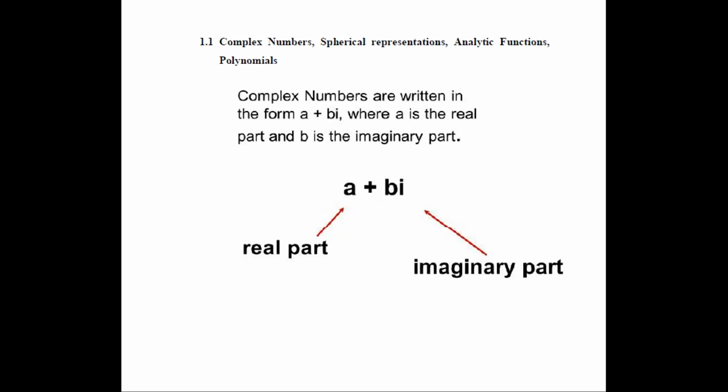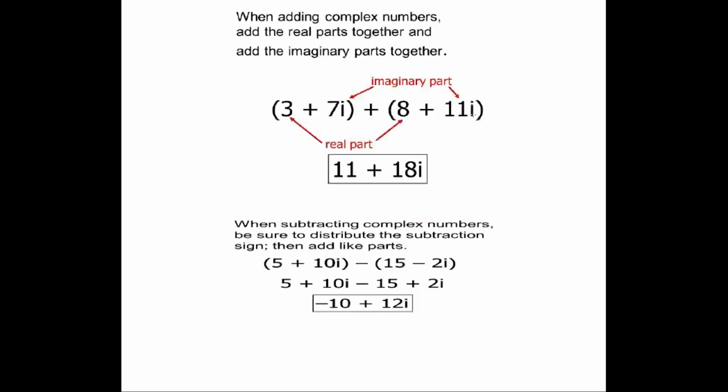Next slide. Now we would like to learn how to do addition in complex numbers. When adding two complex numbers, we have to add according to the real part and imaginary part.